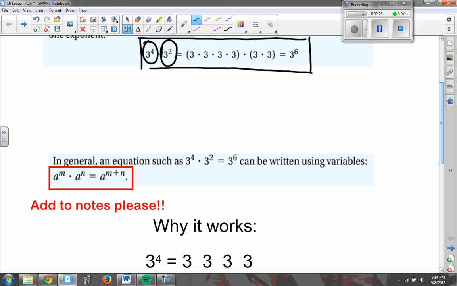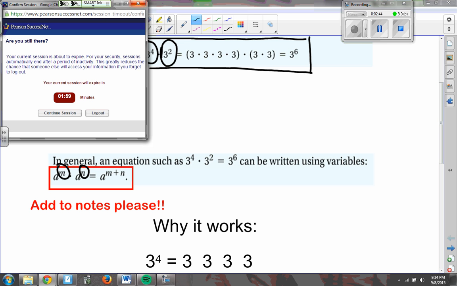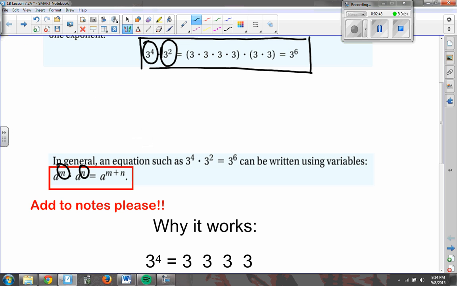A to the m power, some number to the m, times some number to the n is equal to that same number to the power of these two numbers added together, m plus n. Please add that equation to your notes. Get rid of that there, not sure what that's doing. All right, add that equation to your notes there, please. A to the m times a to the n equals a to the m plus n.